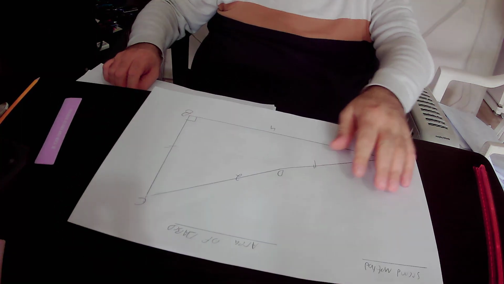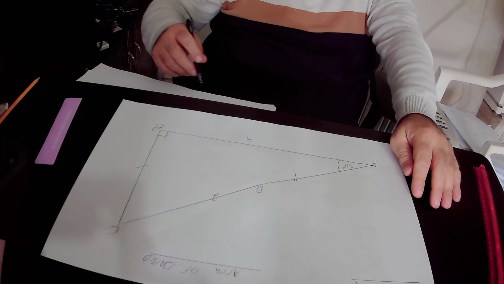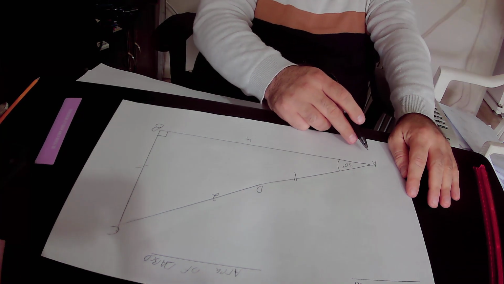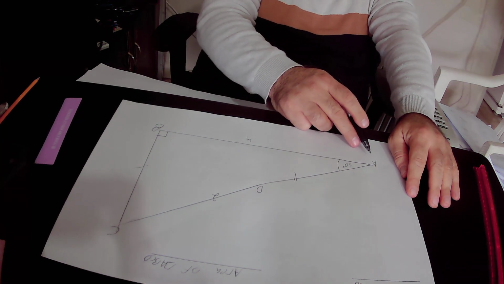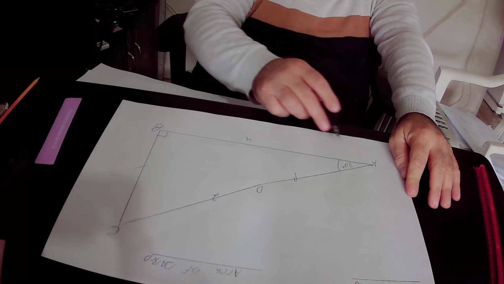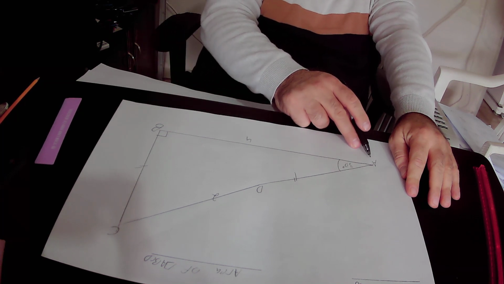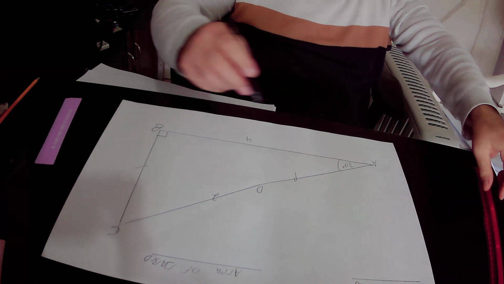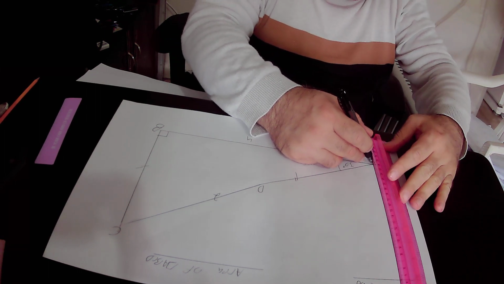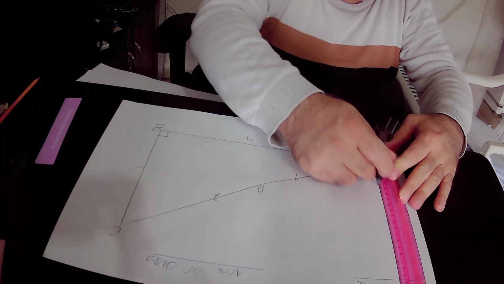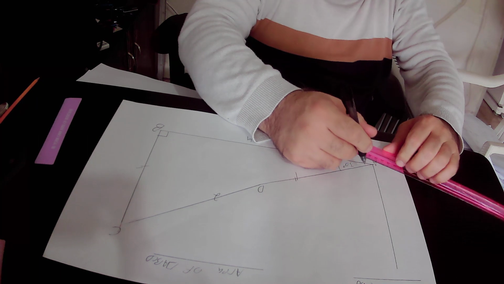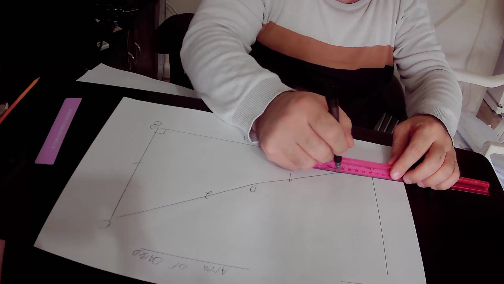In the second method, from point A we will draw a perpendicular to AB, so here we will get that this angle equals 90 degrees.